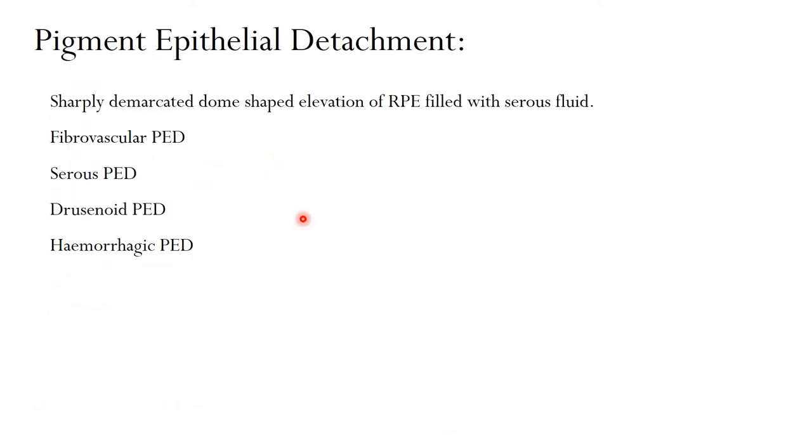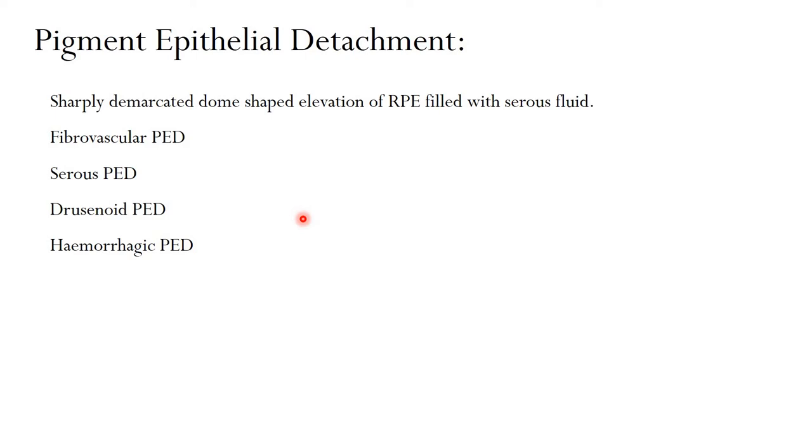The pigment epithelial detachment is a sharply demarcated, dome-shaped elevation of the RPE filled with serous fluid. When we looked into PCV, we clearly described how a dome-shaped detachment looks, so kindly go and recap that.